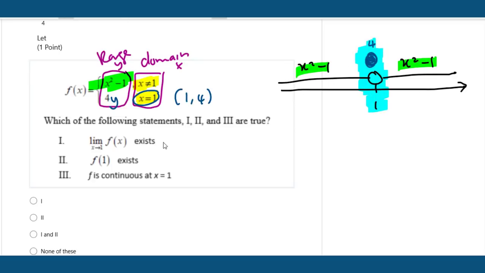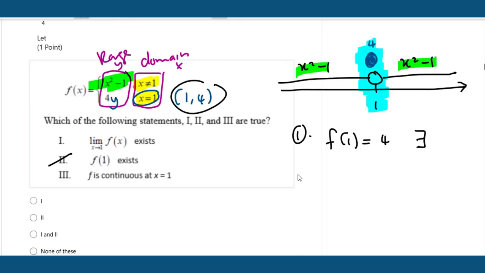Now, the statement looks like it is testing continuity. So for the first part, first is f of 1. f of 1 given is 4, or here 4. So f of 1 is 4. It exists, the value is 4. So we can say f of 1 is settled.